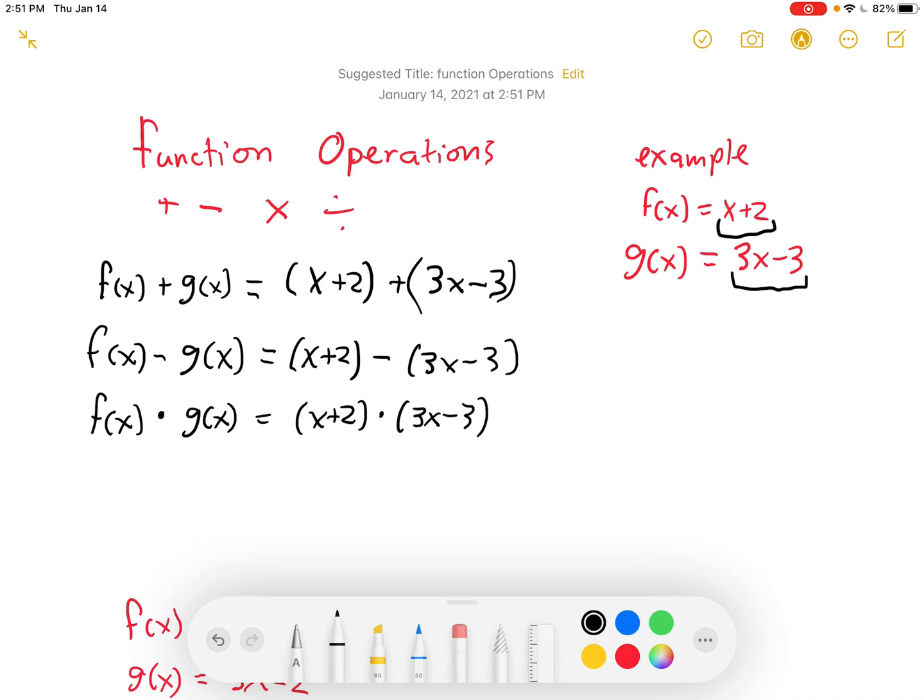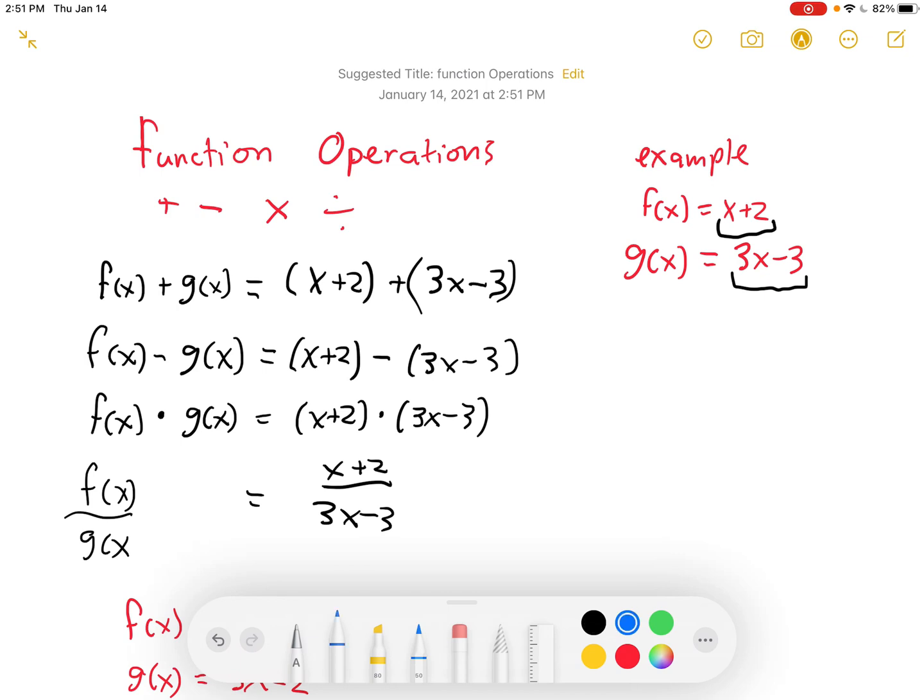Now, at this point, we don't have the mathematic ability to simplify that. We've never talked about it. You'll cover that in secondary too. We'll keep going. F of x divided by g of x would be (x plus 2) over (3x minus 3).